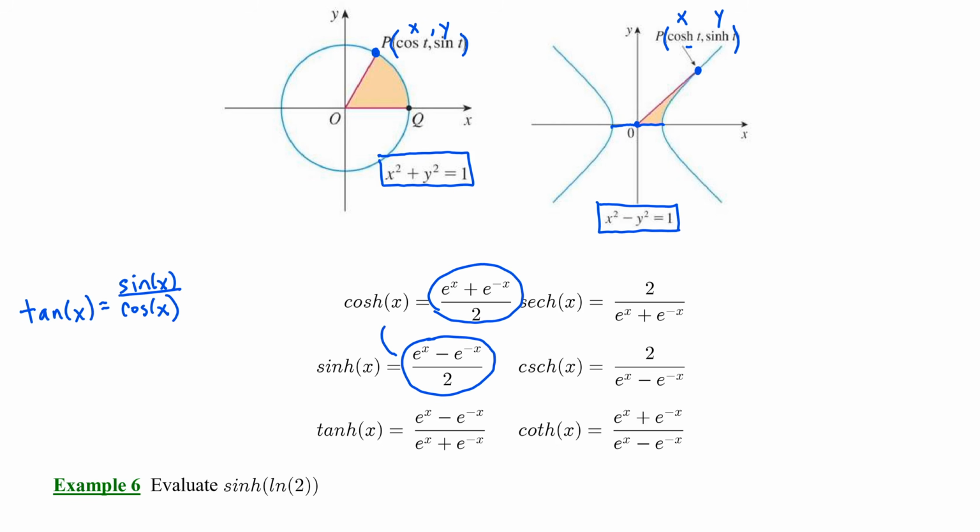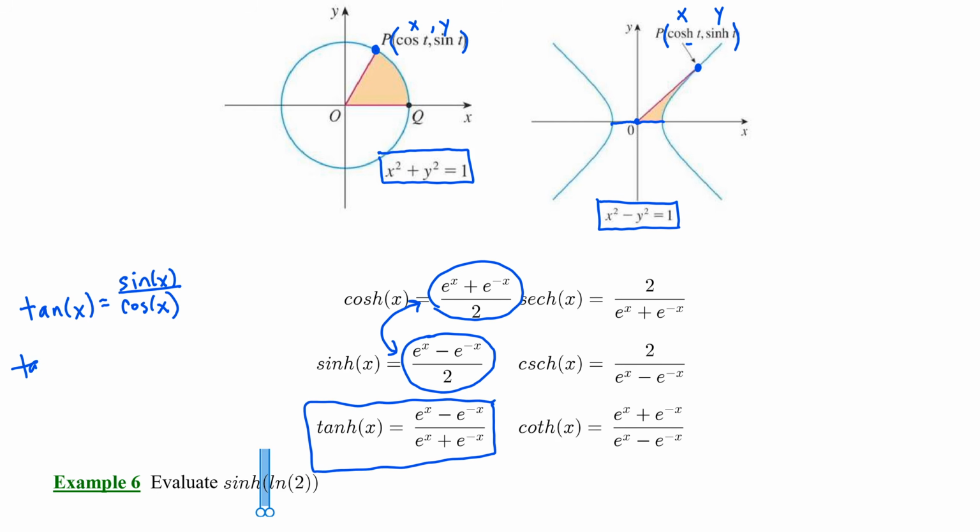So this one over that one, right? I hope you recognize the denominators would cancel and we would end up with hyperbolic tangent of x. So this relationship between ordinary tangent of x, sine and cosine of x, is very similar to the relationship between hyperbolic tangent of x, hyperbolic sine of x, and hyperbolic cosine of x.